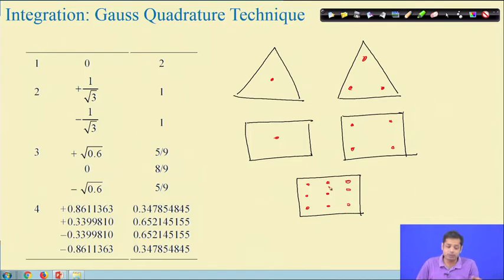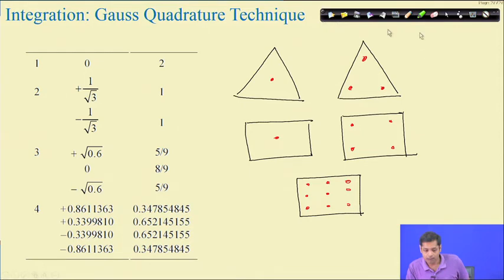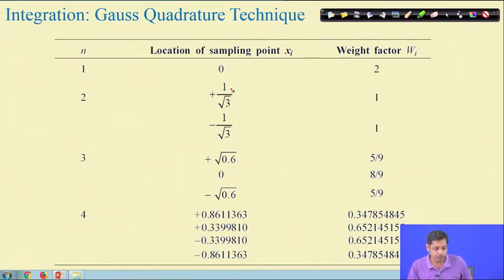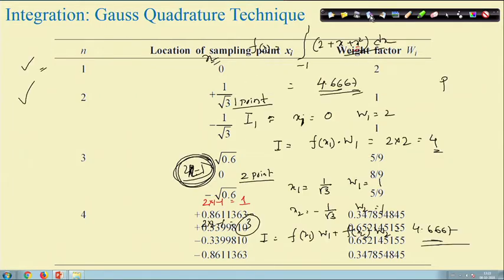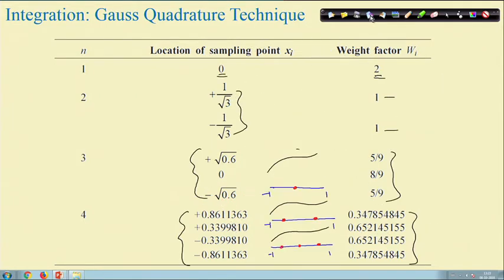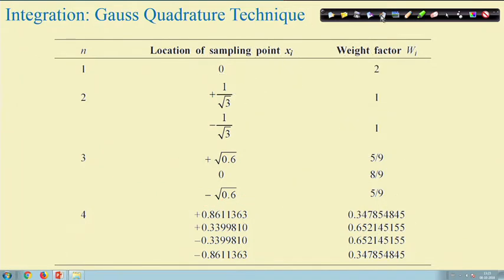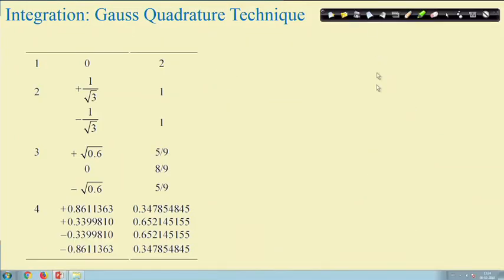Now, if you look at the previous slides, your Gauss points are always between -1 and 1, and in 2 dimensions, it is x from -1 to 1, y from -1 to 1. But at the end, my element may not be a perfect rectangle, may not be a perfect square.